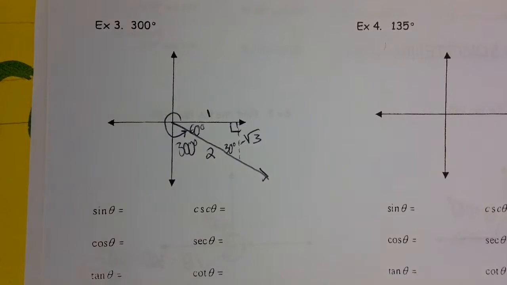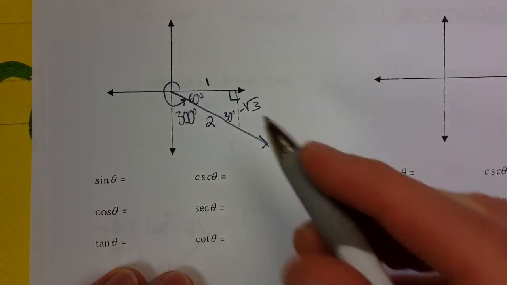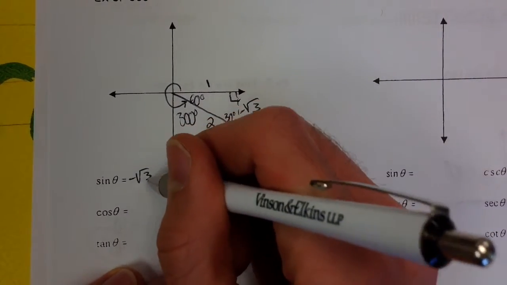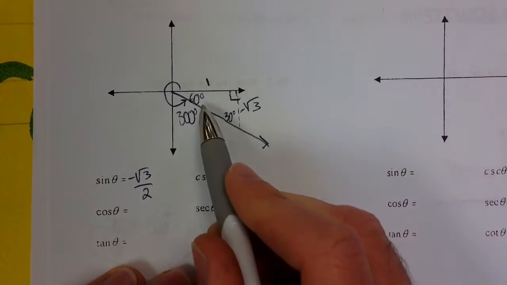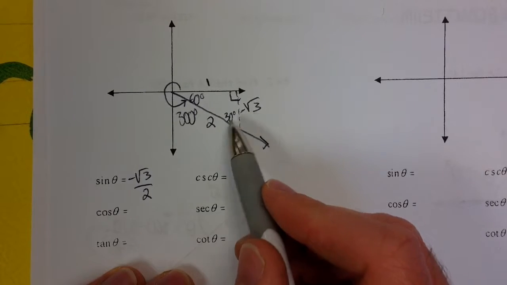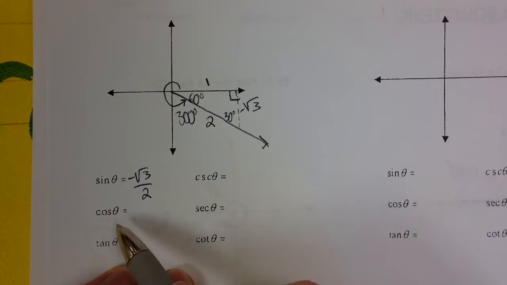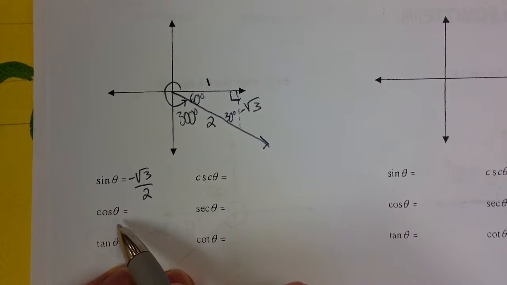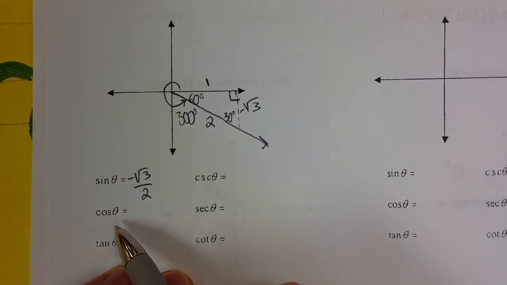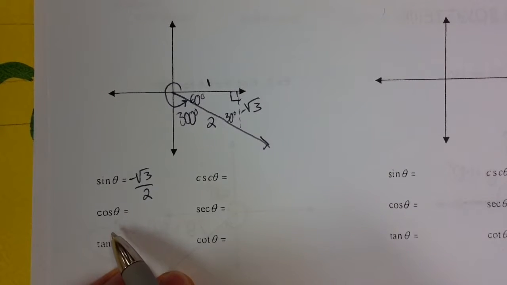Nick, sine of 300 degrees. Negative root 3 over 2. Very good. Okay, negative root 3 over 2. Allie, cosine of 300 degrees. So tell me what you know about cosine. Very good.